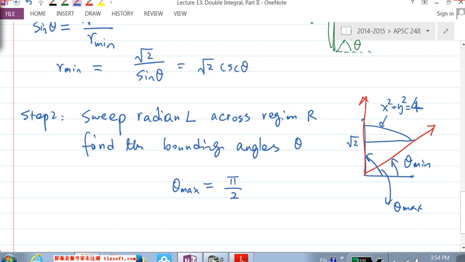And theta min. Well, I guess theta min depends on this point, right? If you can figure out the location of this point, then you will be able to figure out this theta min here. So what's the location of the intersection point between this straight line and this circle here?